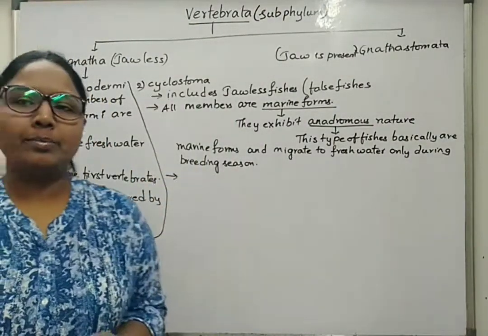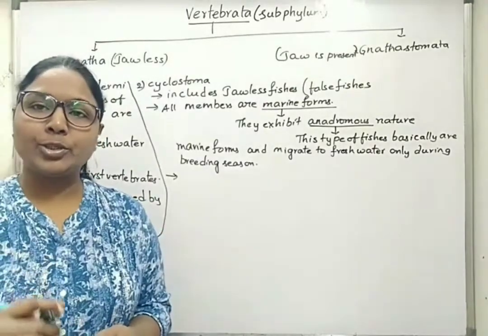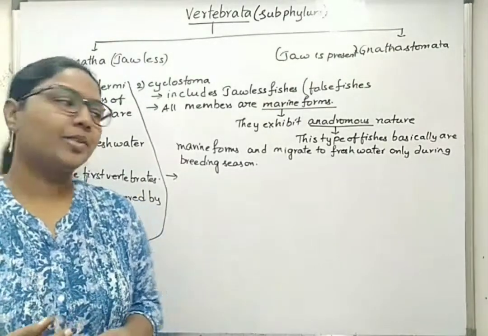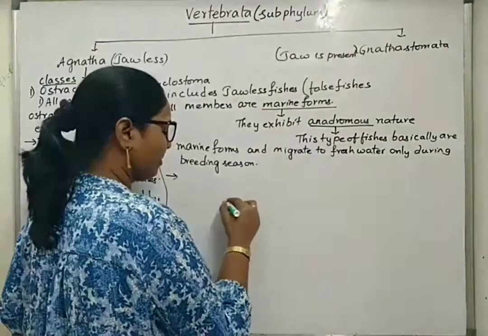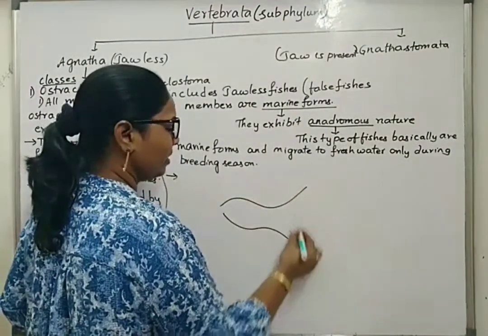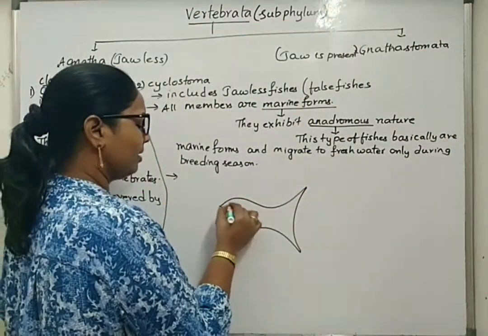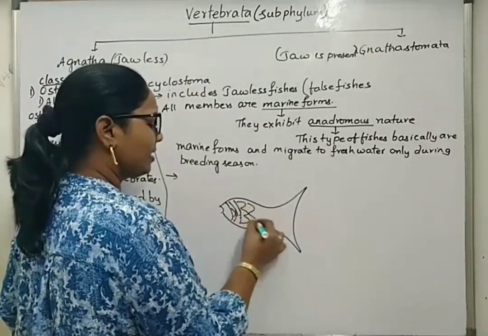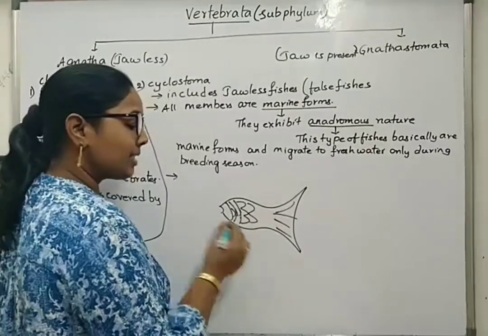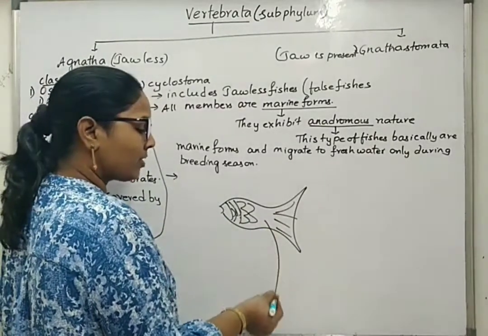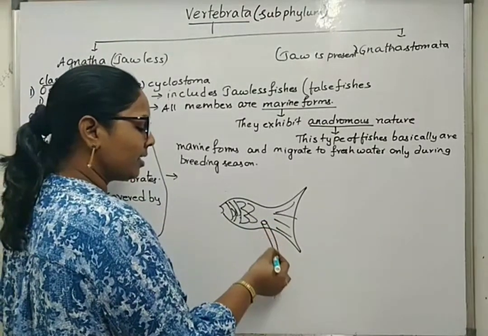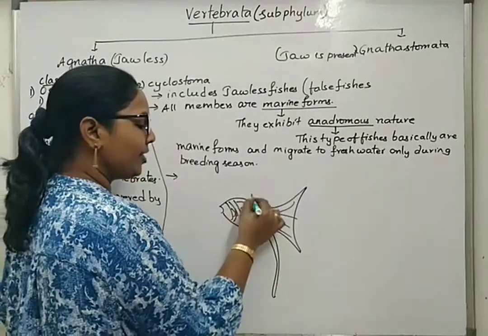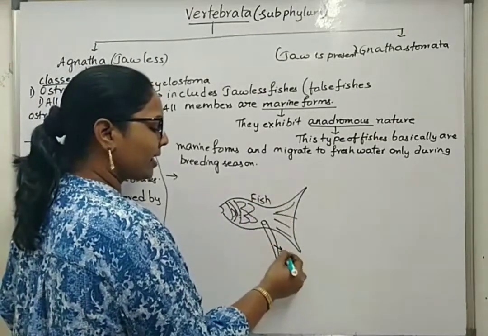These Cyclostome members are considered ectoparasites on other fishes. Suppose this is a fish, and we see gills, scales and a tail like this; the Cyclostomes are long structures. They suck nutrients. Suppose this is the fish, this will be the Cyclostome.